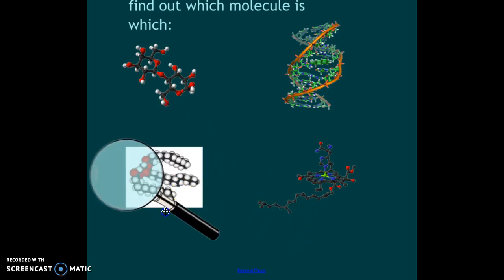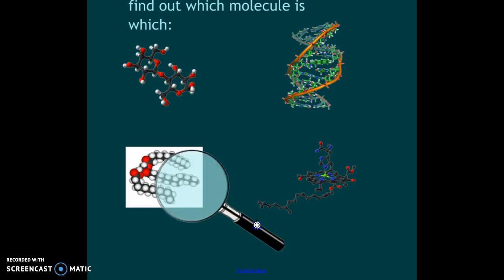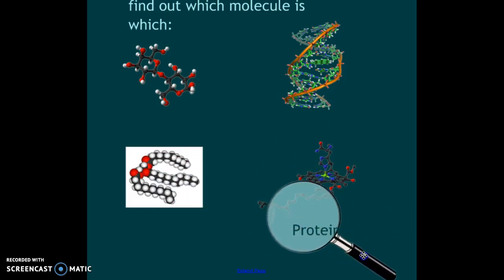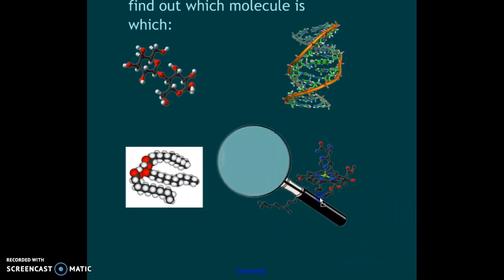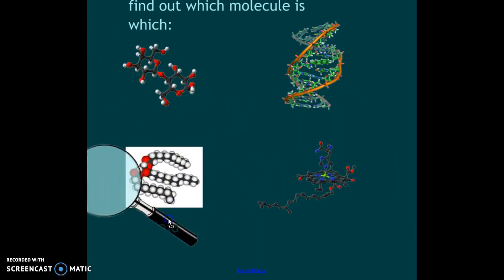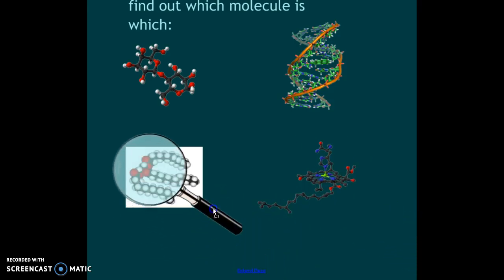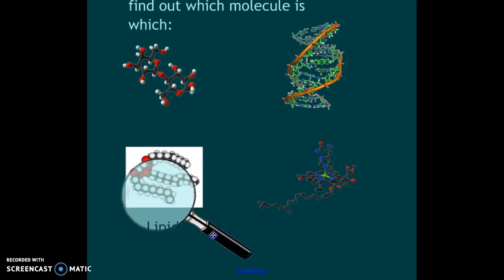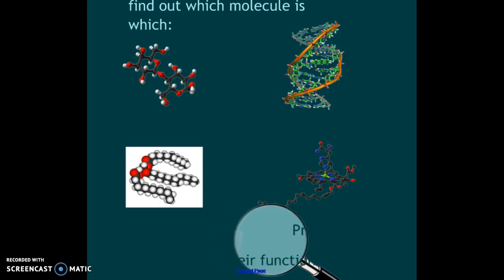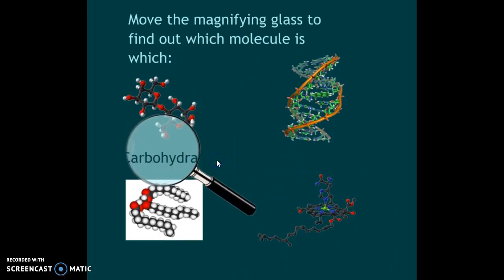Now for this last one, we see that it's kind of this long string, seemingly randomly bundled up. And after moving the magnifying glass, we find out it's a protein. So we have a carbohydrate, nucleic acid, a lipid, and a protein. And you notice that there's text down here asking you the question, what is their function? Let's find out.